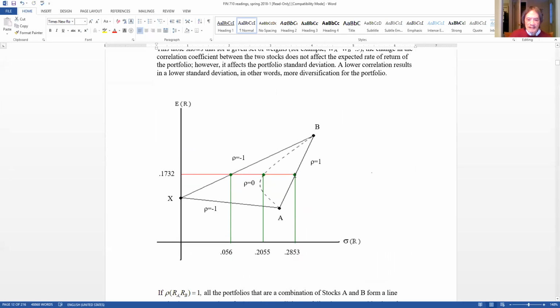With a certain weight for A and B, for example, here, 0.5 and 0.5, the portfolio expected return doesn't change regardless of the correlation. Okay? But the standard deviation becomes smaller and smaller when the correlation becomes more negative.